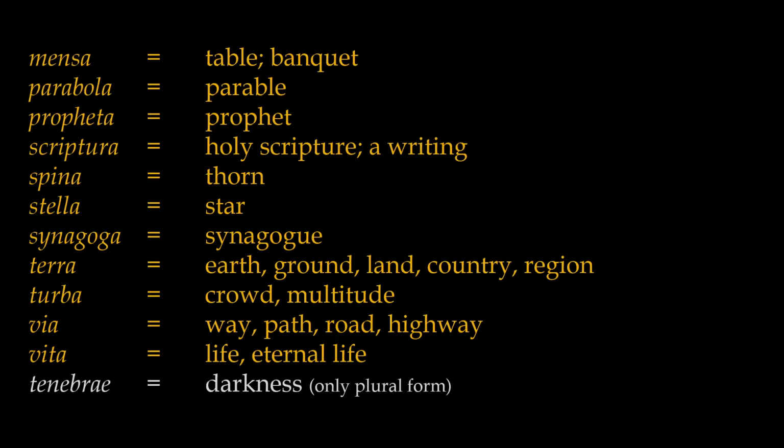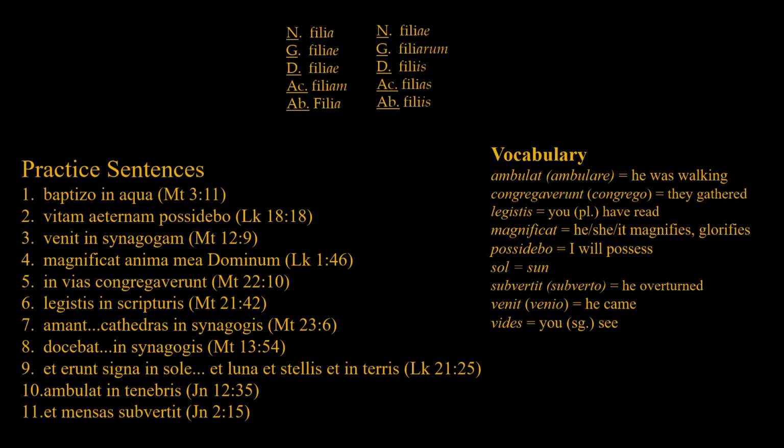I think in this case it makes more sense to go with table, and it ends with as. So we're looking at the accusative case here, and tables he overturned. Or better English, and he overturned tables. You can see that the mensas, the plural tables, are receiving the action of being overturned.